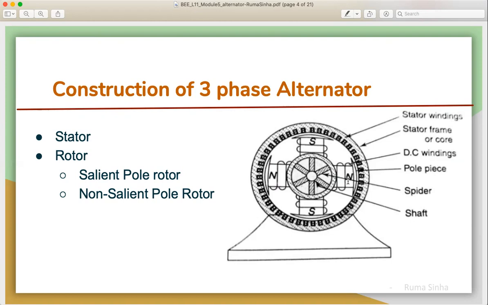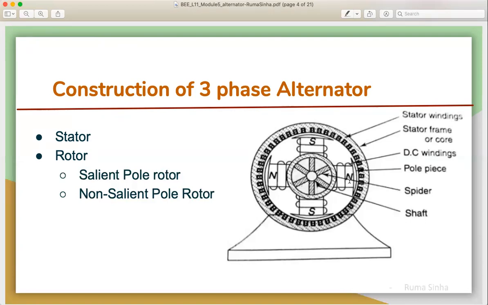So if current is flowing in the direction of the other four fingers, then this will act as a north pole, as from the north pole the magnetic field is pointing towards the outer direction. In that case, in the second pole, the winding should be placed in such a way that it will point towards the pole so that it will act as a south pole.